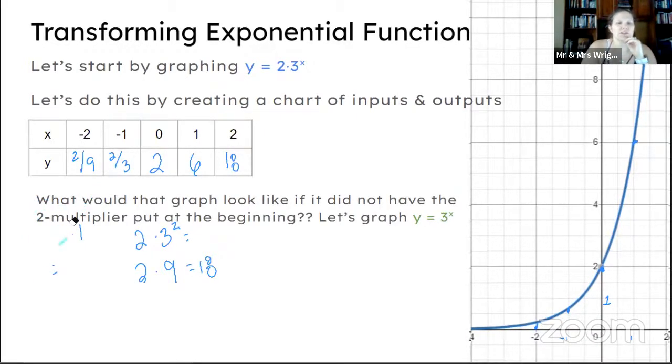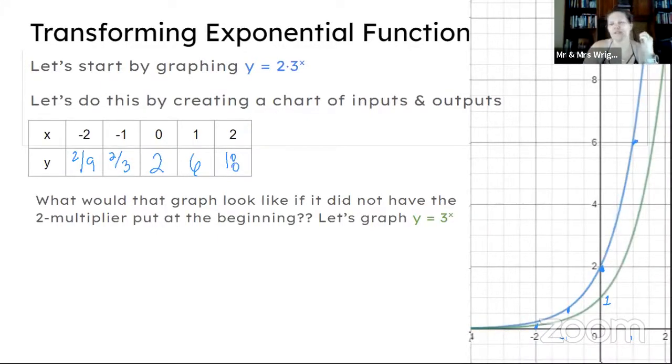What would that graph look like if it didn't have the 2 multiplier at the end? Because I want to compare our graph of 2 times 3 to the power of x and just 3 to the power of x. What's the difference? Well, let's see. This green one is 3 to the power of x. The blue one is 2 times 3 to the power of x.